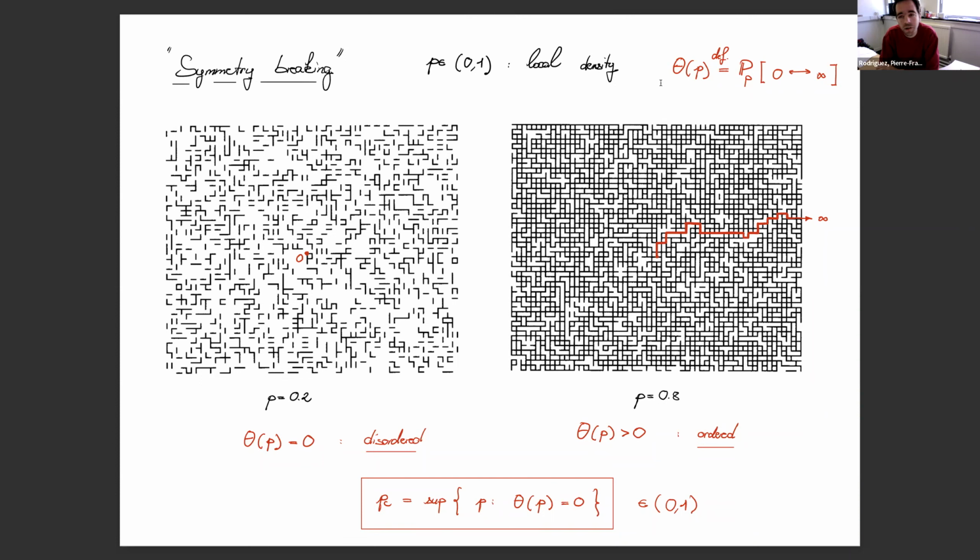Here we're going to measure this difference by the function theta of p, which is the probability that any given point, say the origin in your lattice, is connected to the boundary of any box of ever so large radius n. Here on the left, this probability is equal to 0, and here on the right, at least in this sample, it does indeed look like you are connected to the boundary of a box of arbitrarily large radius.